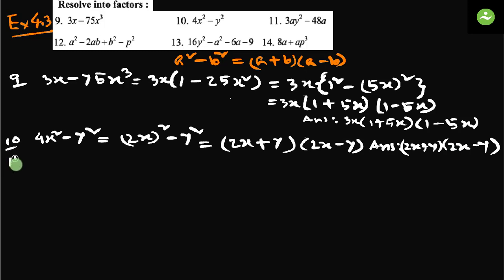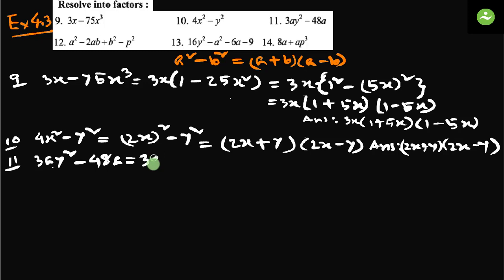Number 11. 3ay square minus 48a. What can we do here? We can take 3a out.